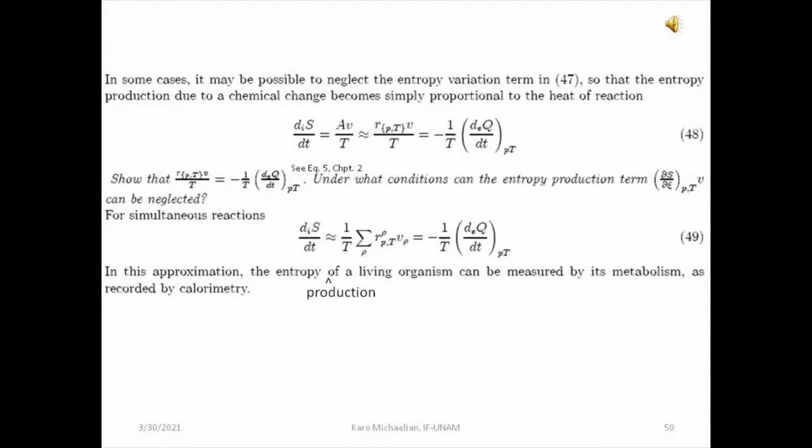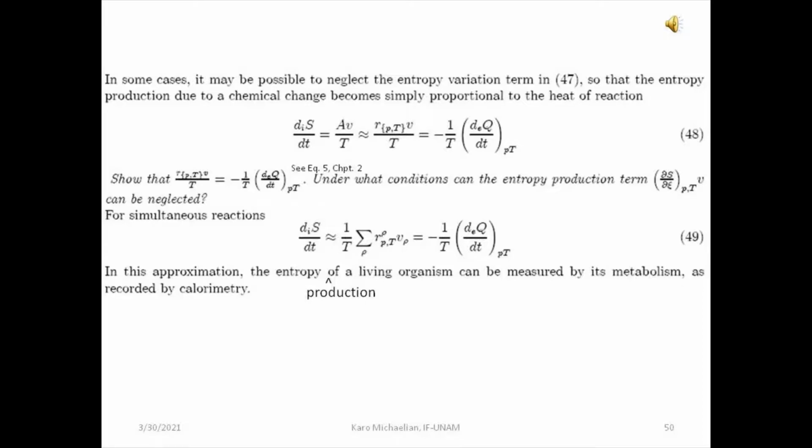or minus 1 over T times dQ by dt, where t, the small t, is the time variable at constant pressure and temperature. So this dQ is just the heat given off by the reaction, and it goes to the environment, or it comes in from the environment if the reaction is endothermic.